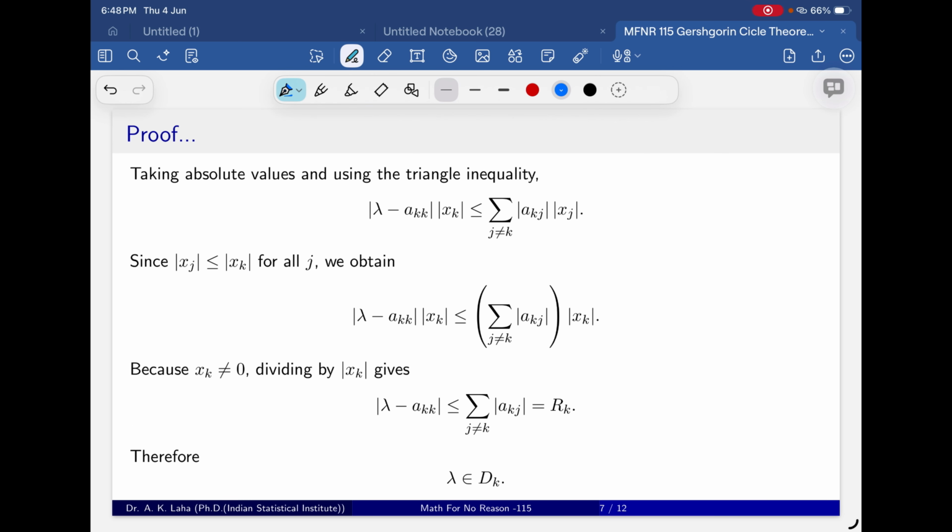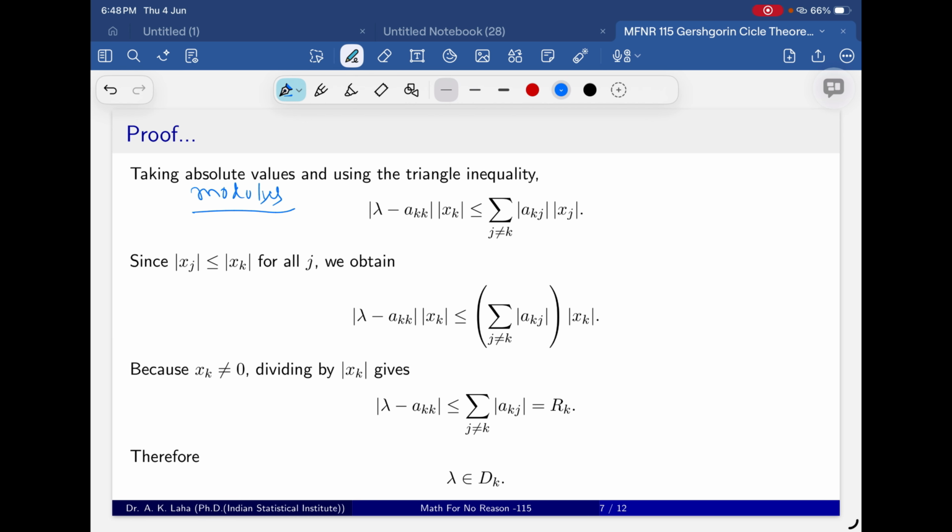Now we take the modulus on both sides, and what we get here is that the modulus of lambda minus akk times modulus of xk is less than or equal to the sum over j not equal to k of modulus of akj times the modulus of xj.